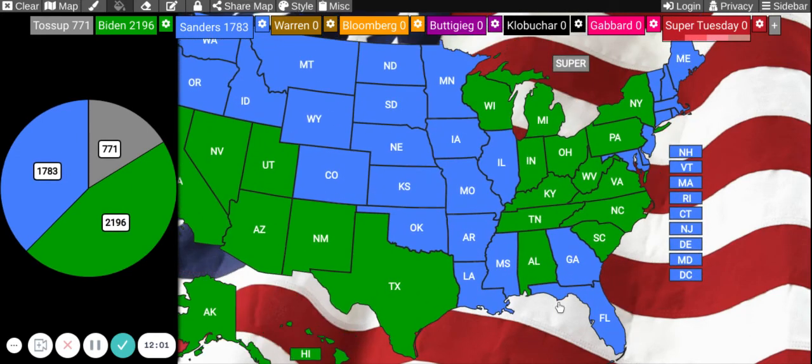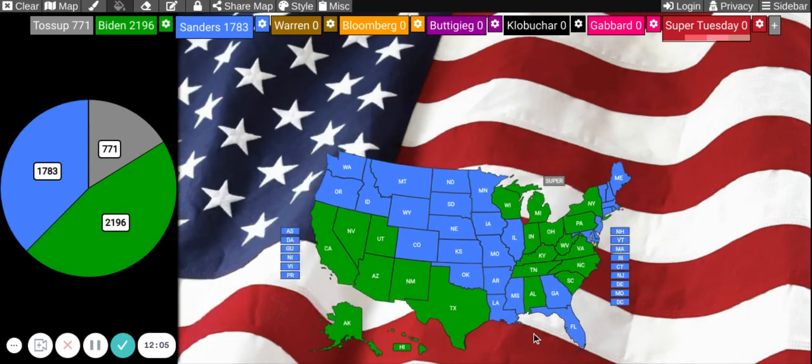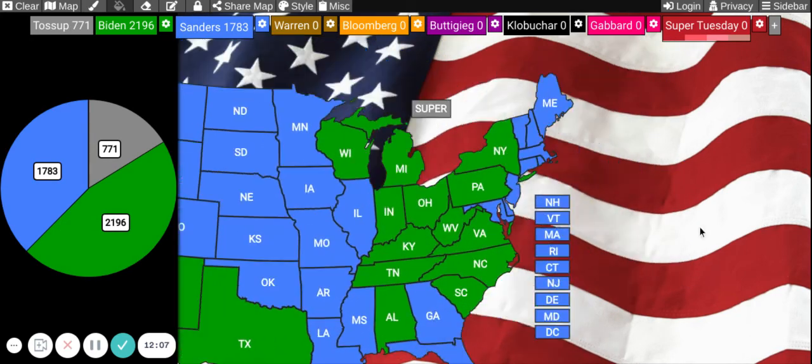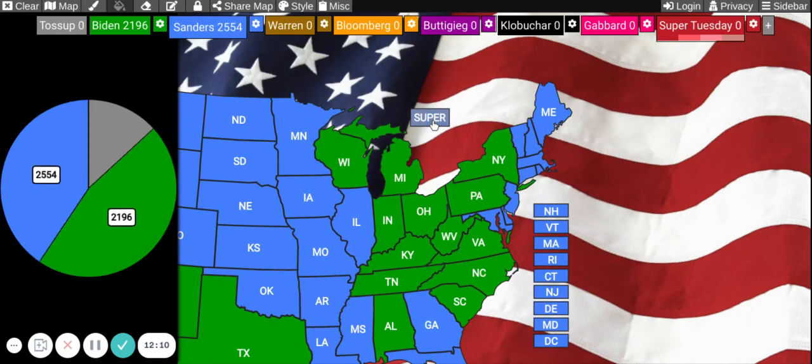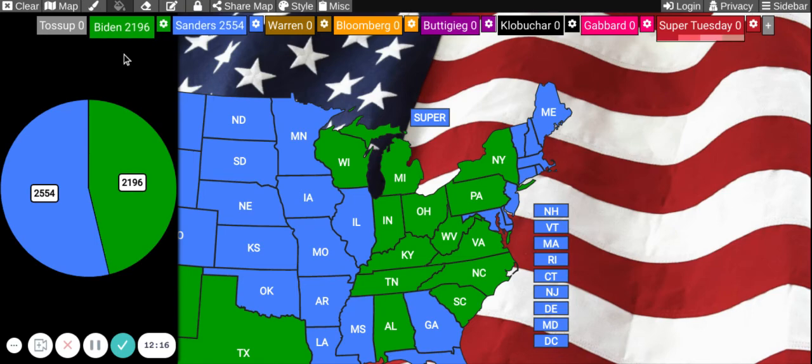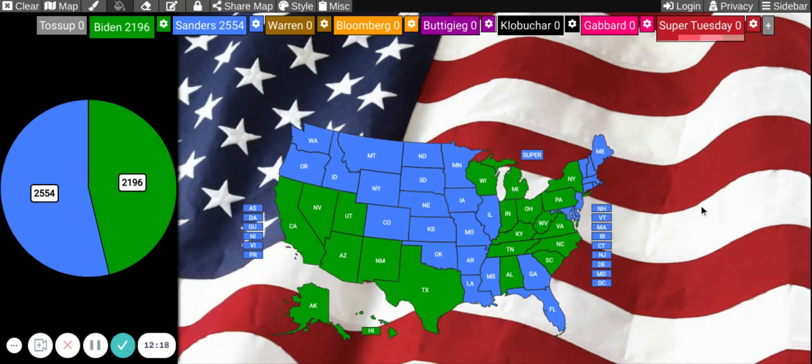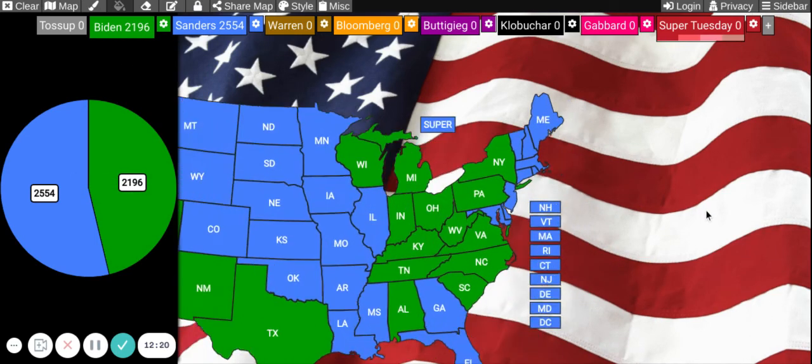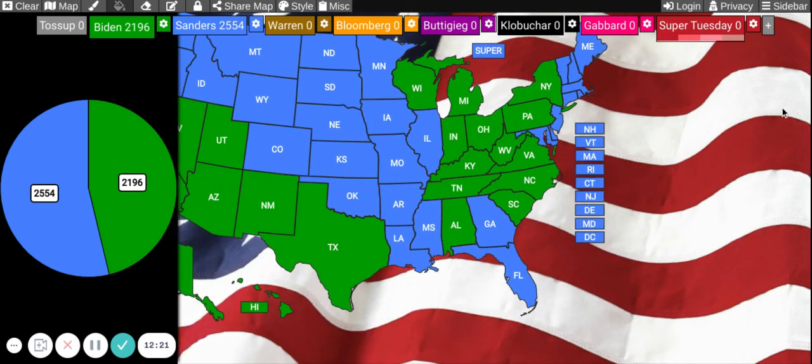So now he is well behind Biden, just 400 behind. That should be pretty much enough to get Biden to victory. If he wins the super delegates, however, that just ruins Biden. And that goes against the free democratic will of the people. And that is why this system is under criticism.